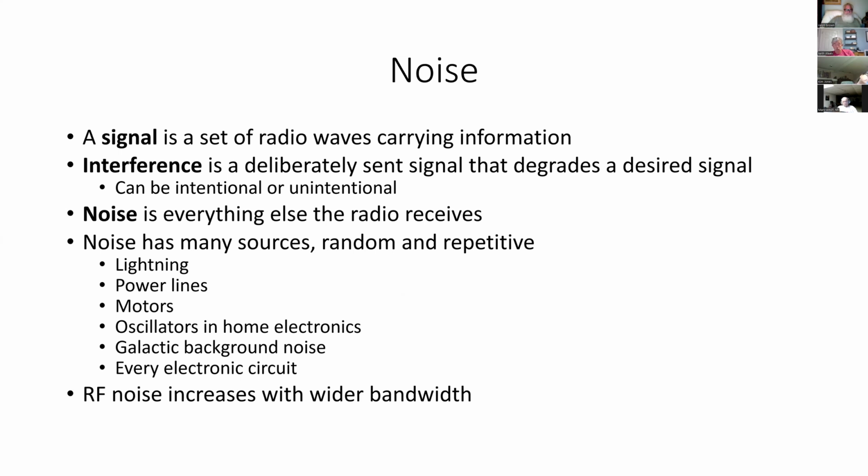The thing also to know about RF noise, especially random noise, is that the wider bandwidth signal that you're receiving, the more noise you receive. It's not a one-to-one relationship, but it does again limit how sensitive your receiver can be.